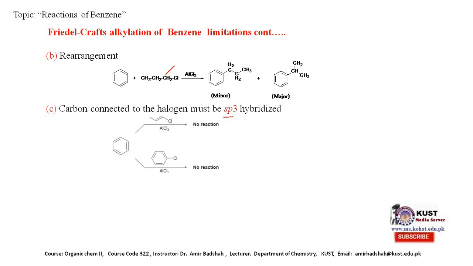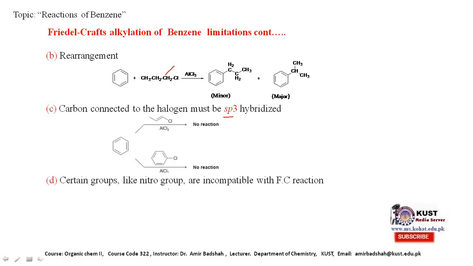Here you see that all the conditions are okay, but only one problem: chlorine is bonded with a carbon which is not sp3 but sp2, so no reaction is possible in that case. Same is the case here. All the conditions are okay, benzene is present, Lewis acid is present, but the chlorine is bonded with an sp2 carbon, not with an sp3 carbon, so no reaction will occur.